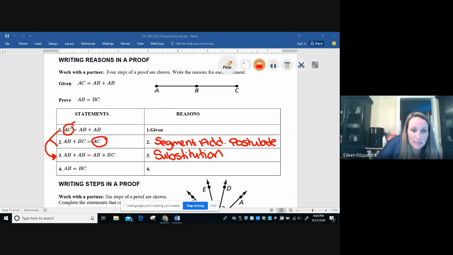If you replace this AC with what it's equal to, with AB plus BC, all right, you get what's written below. So that's substitution. And then from there, since you have AB on both sides of the equation, you can subtract it off and you're left with AB is equal to BC, right? If you subtract away AB from this side and subtract away an AB from that side, they cancel and you're left with AB is equal to BC. So that is subtraction.